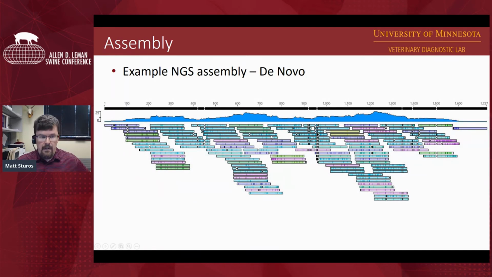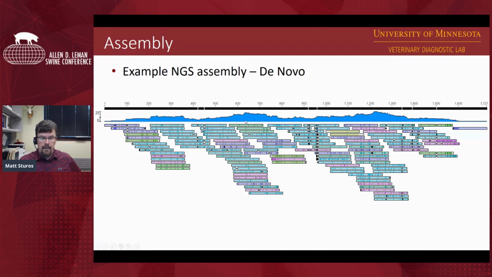This is an example of what a de novo assembly using NGS data would look like. Each one of these bars, rectangles that are stacked up here, corresponds to reads. These are 150 base pair reads, and the computer algorithm will take and try to line up all of the A's and C's and T's and G's together and stitch together which ones might be next to each other, using proprietary algorithms or open source algorithms to do that.